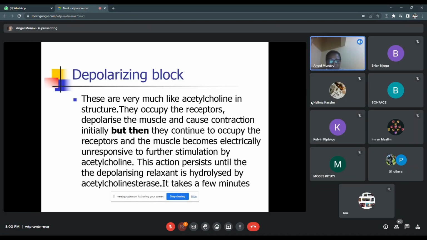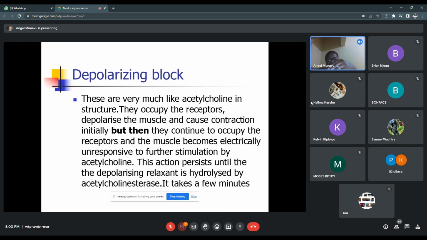to the acetylcholine, which is removed immediately, and another contraction comes, and a relaxation and a contraction. So this depolarizing muscle relaxant will cause a contraction initially, but then they continue to occupy the receptors, and the muscle becomes electrically unresponsive to further stimulation by acetylcholine.